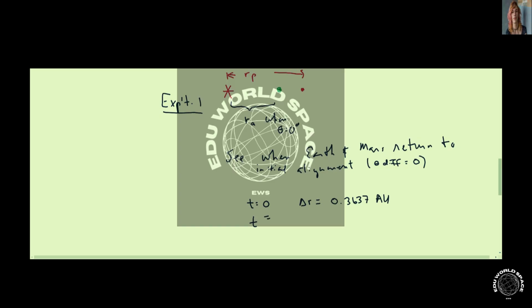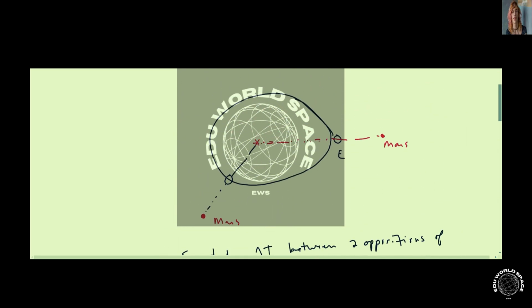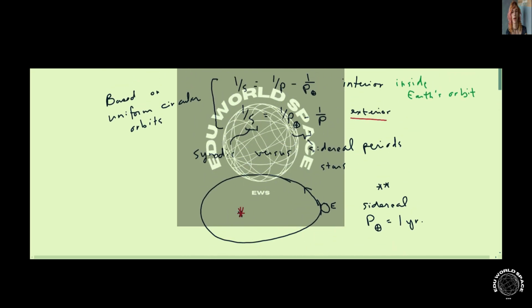And then, let's see, at t equals roughly 2.205 years, I didn't do lots and lots of data points, they came back in alignment, but the delta r was bigger. So the first thing to note is that because you start off with a close encounter, the closest possible, the next one going around is going to be a little bit different. So notice that I predicted, though, or from the model, the time in between oppositions is longer than the prediction of 2.1 years.